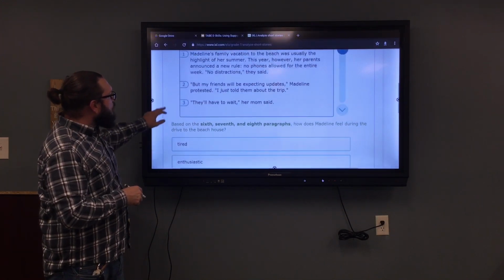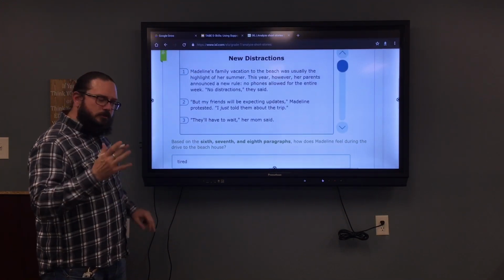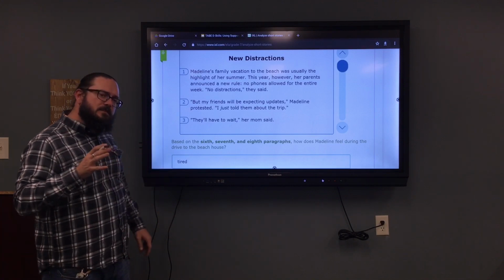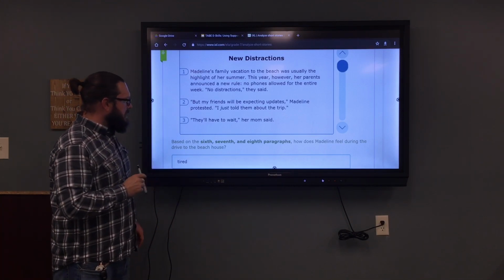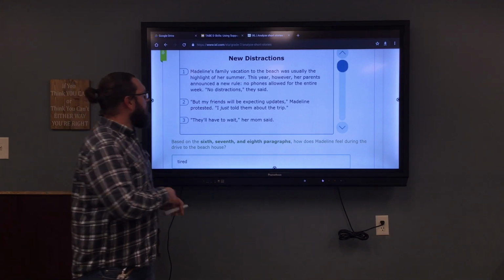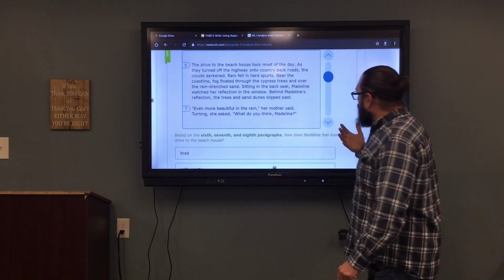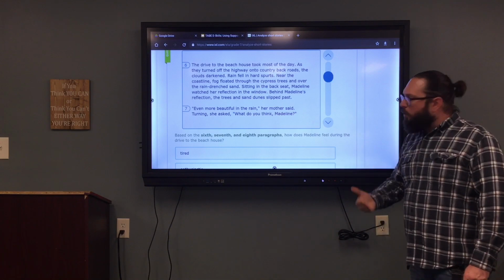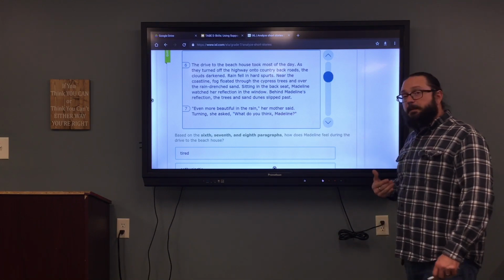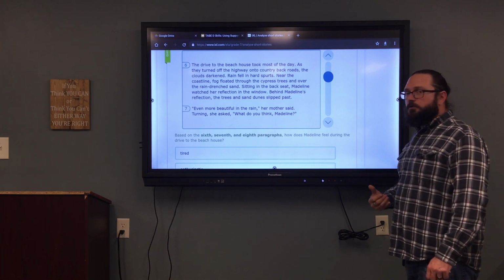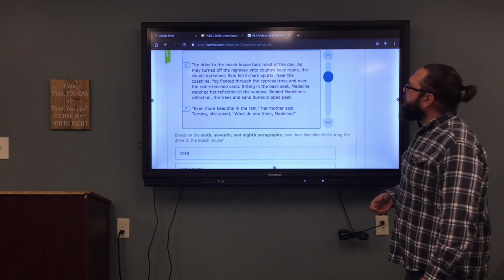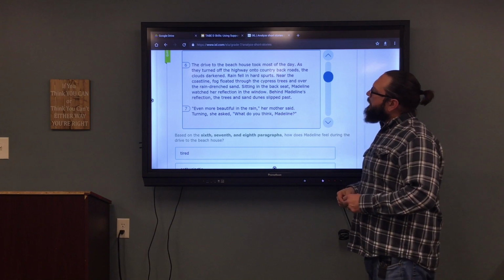Okay, so we're not going to read the whole story. We're just, for the purpose of this example, going to look specifically at the 6th, 7th, and 8th paragraphs. Let's begin with paragraph 6.